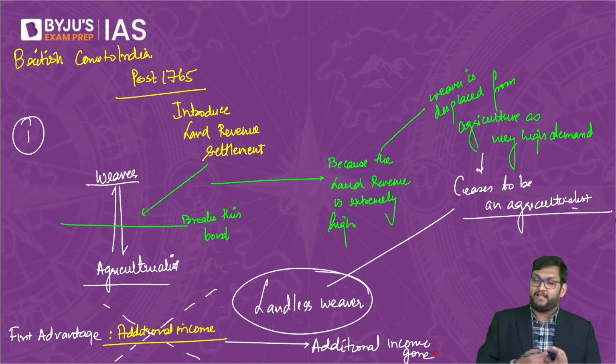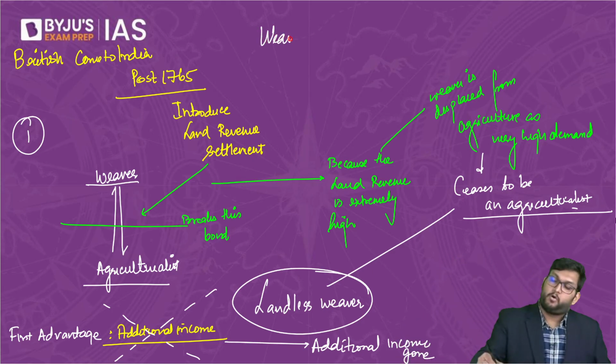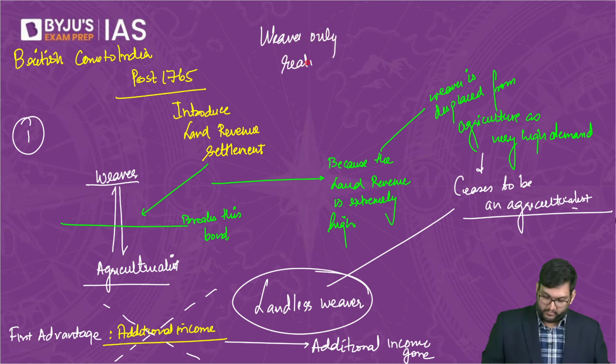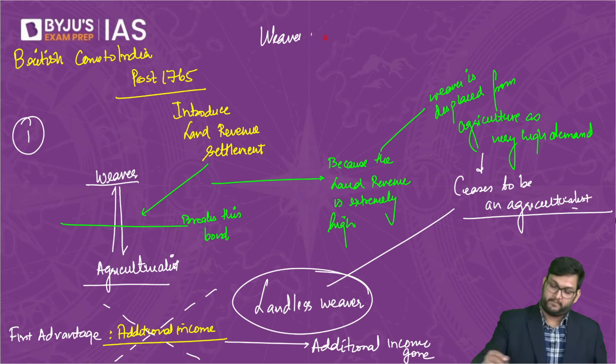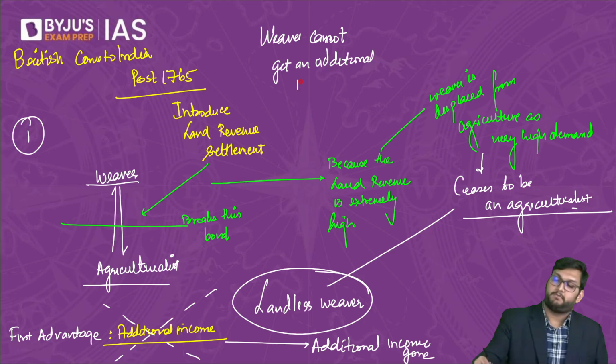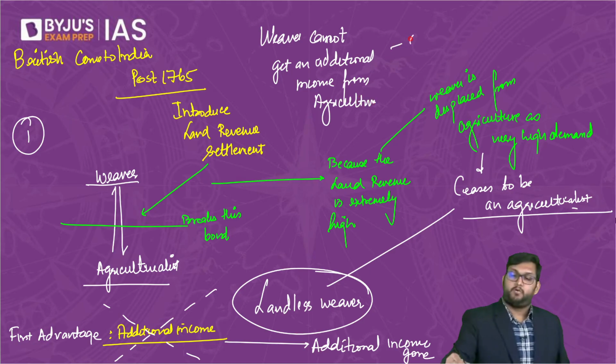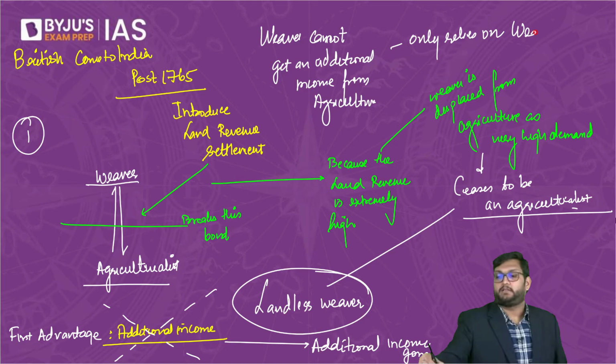The weaver cannot get an additional income from agriculture, only relies on weaving.